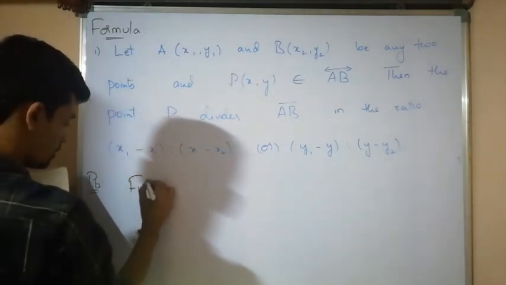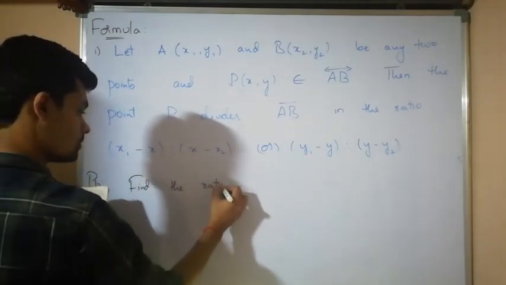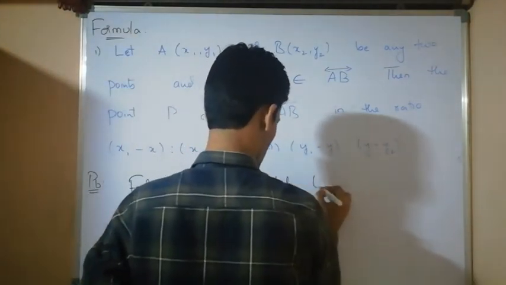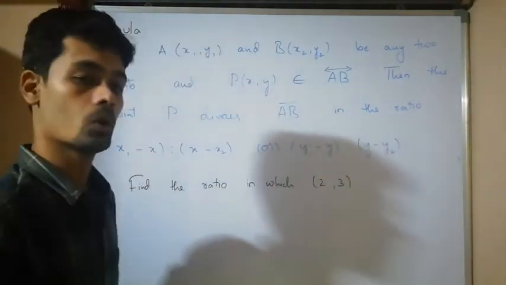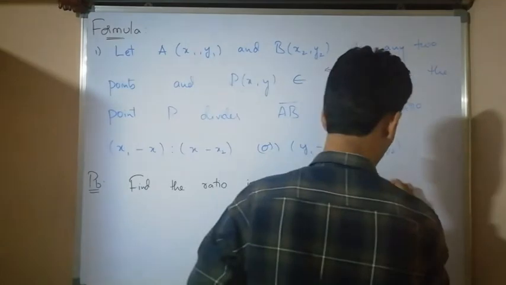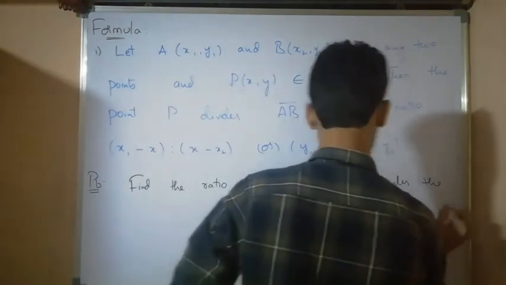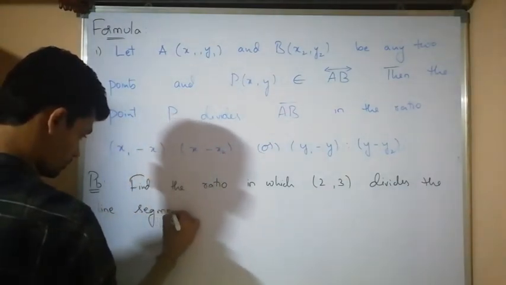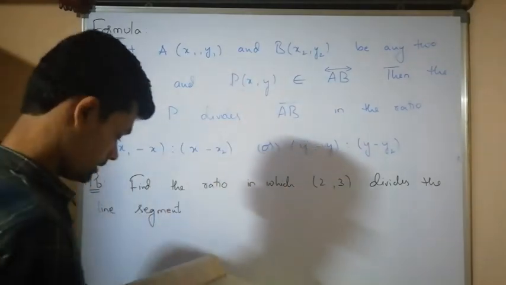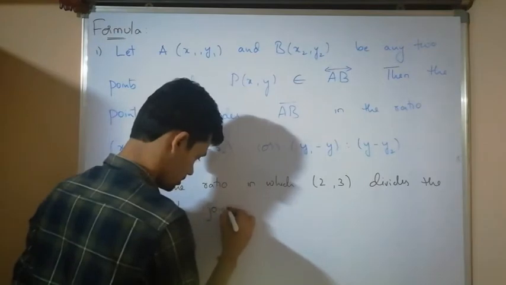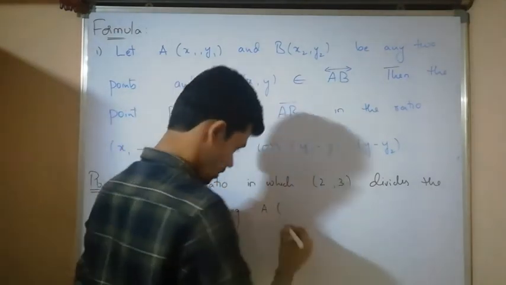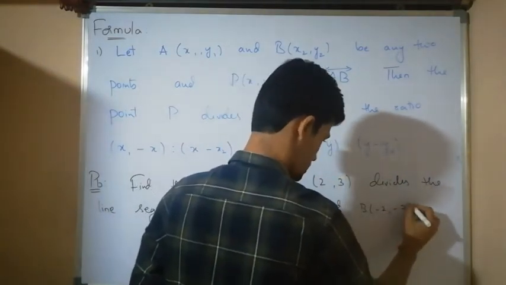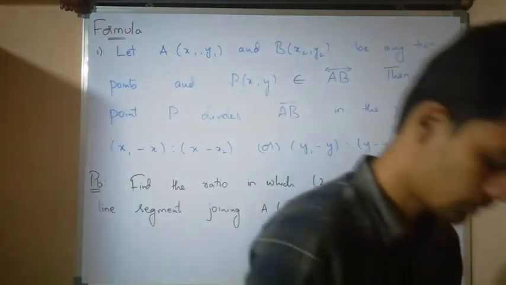Find the ratio in which the point (2, 3) divides the line segment joining A(4, 8) and B(-2, -7).